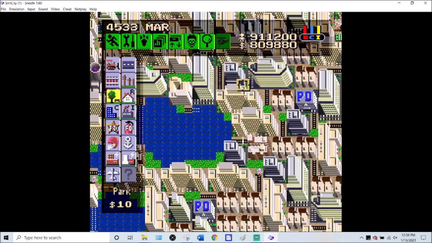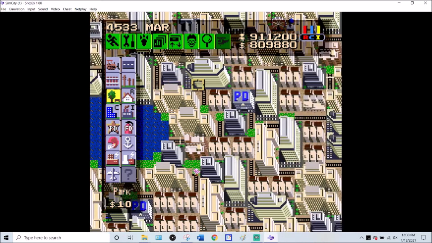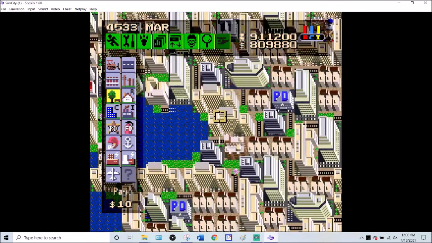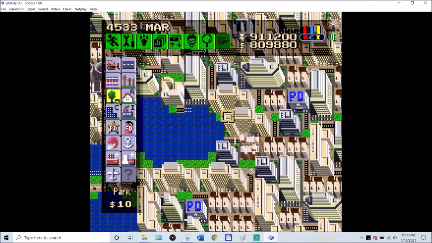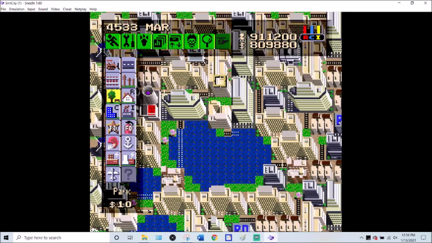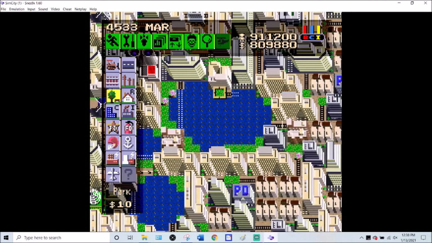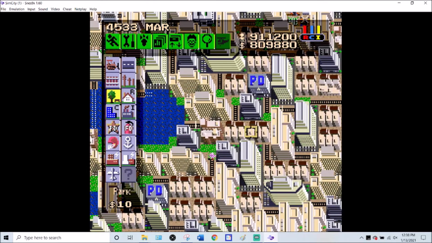So aside from aesthetics, is there any difference between these three zones as far as building? Well, in order to get an R top, you would need to get two R highs adjacent to each other. These two R mids will never become an R top because they're not R highs.